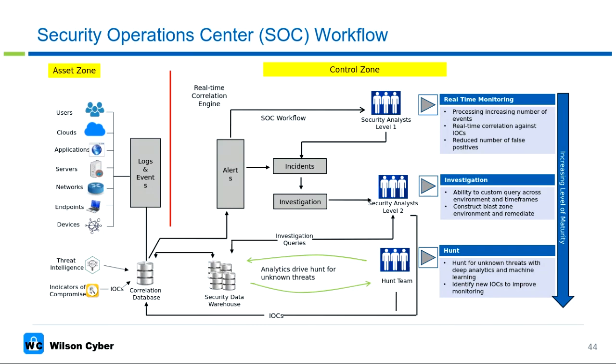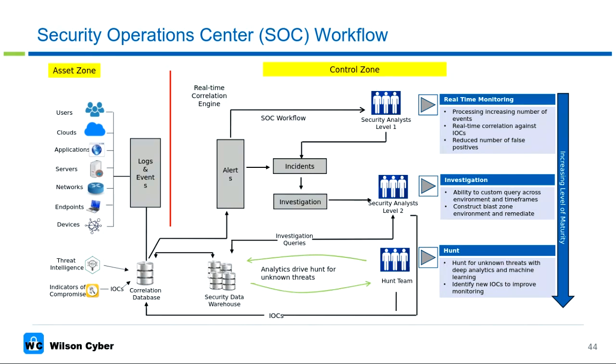In the control zone, where our individuals, our SOC workforce resides, we have SOC workflow, where those logs and events generate alerts based on crossing certain thresholds. The security level 1 analysts investigate those incidents through real-time monitoring, the processing of an increasing number of events, real-time correlation against indicators of compromise, and a reduced number of false positives.